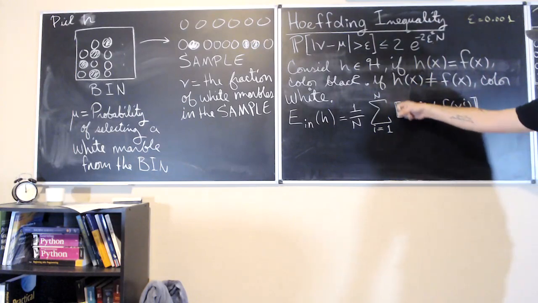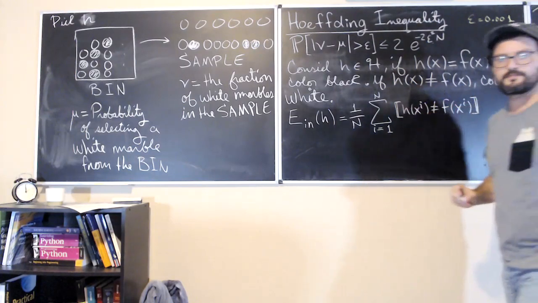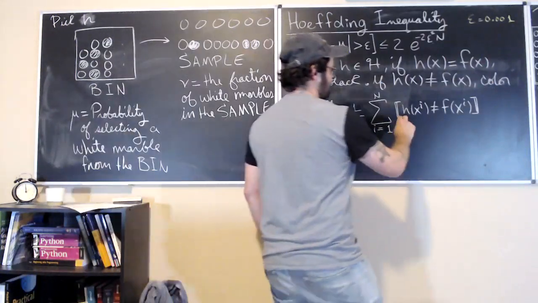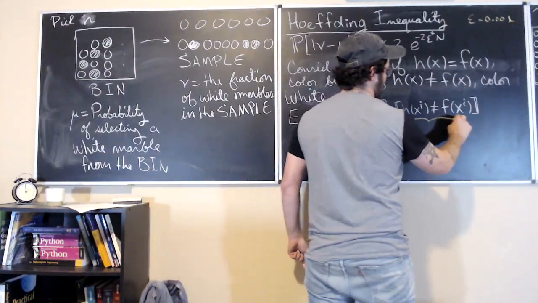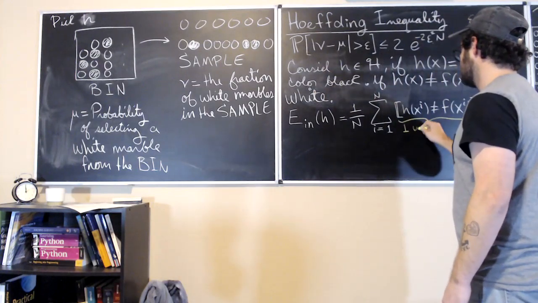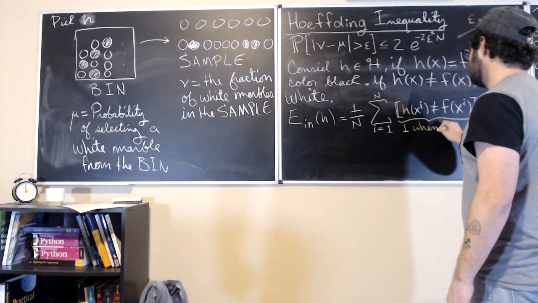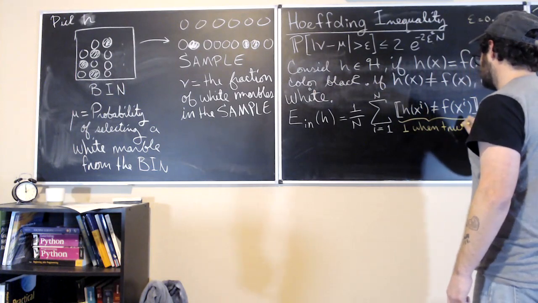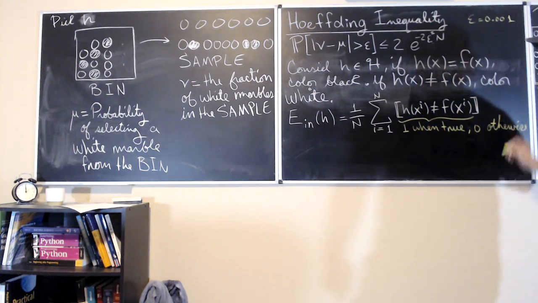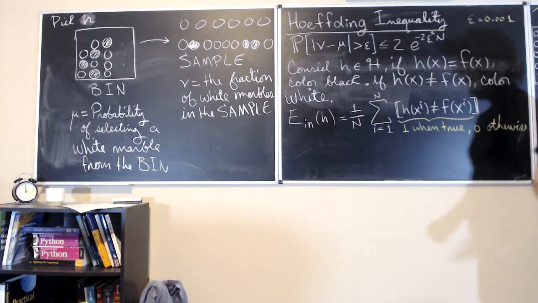With these bars right here, this is equal to 1 when true, 0 otherwise. Okay, 1 when true, 0 otherwise.